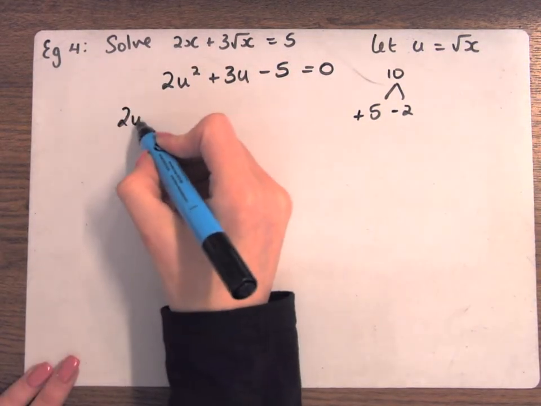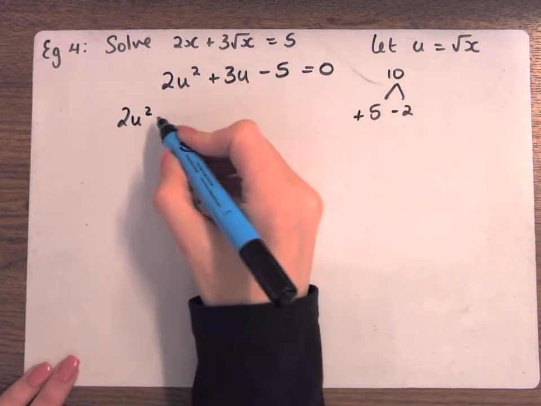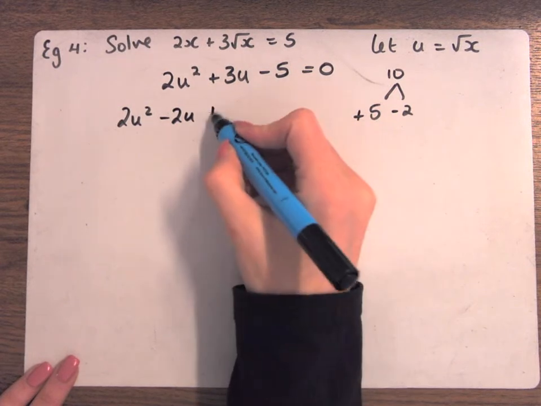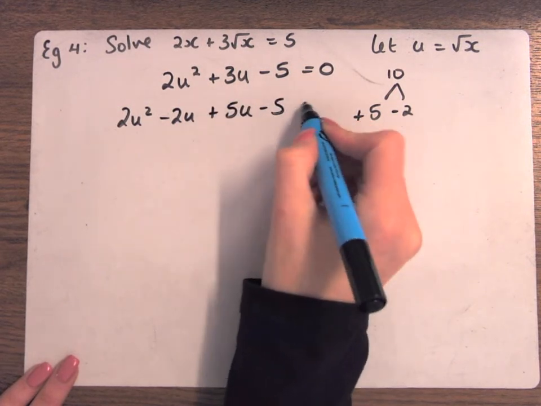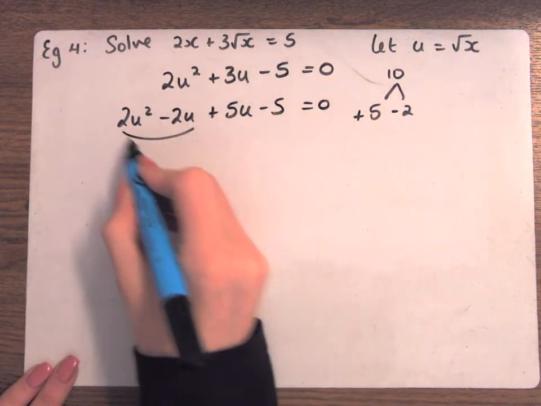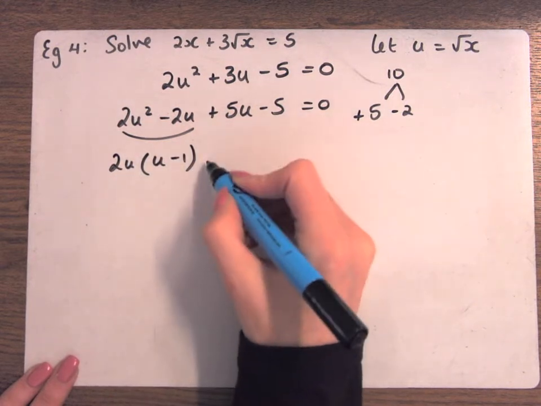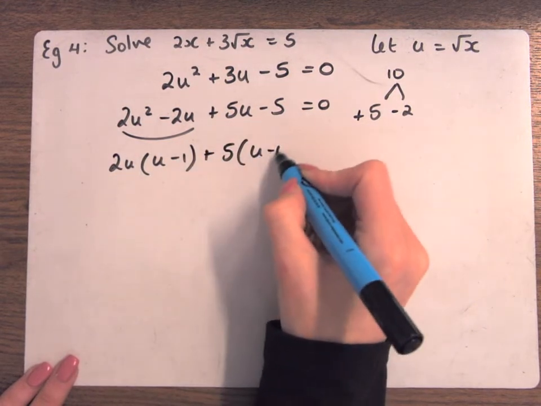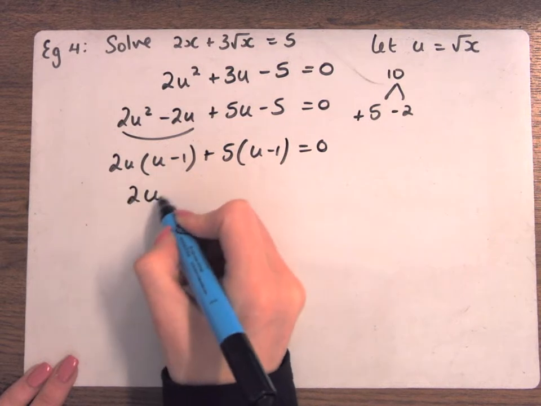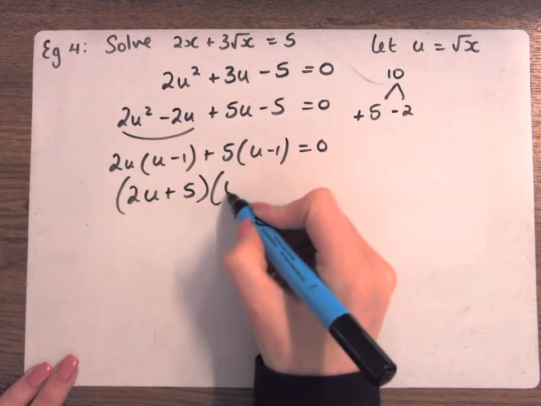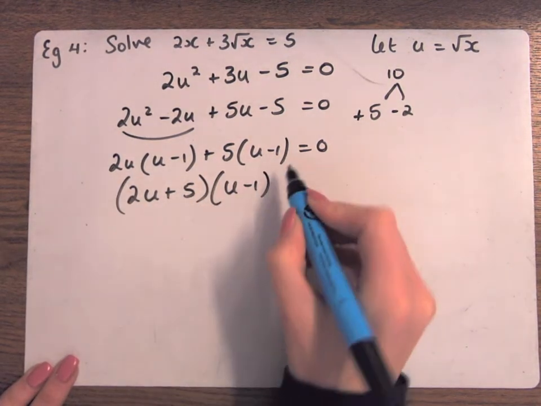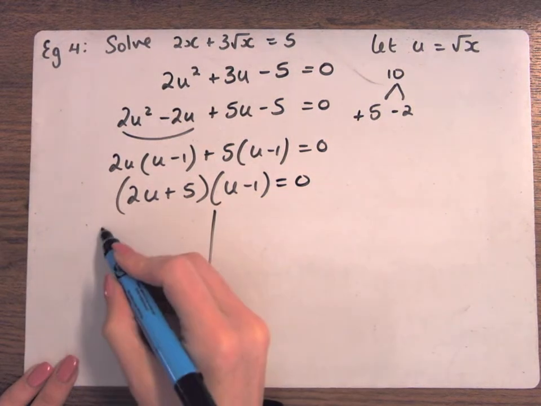So 2u squared. I'm going to go with the minus 2u plus 5u minus 5. What's common here is 2u. u minus 1. What's common here is 5. u minus 1. And then just put the outsides in a bracket and the inside in a bracket. Split your page.